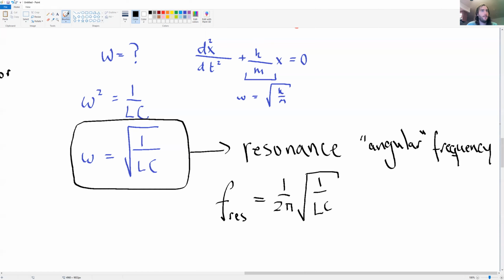Okay. Let's go ahead and move to RLC circuits now, the full-blown circuit. And this would be where we'll stop. We'll do a lot more on RLC circuits in the next chapter when we talk about AC circuits. So it's kind of a small section here, but I definitely want to cover it.